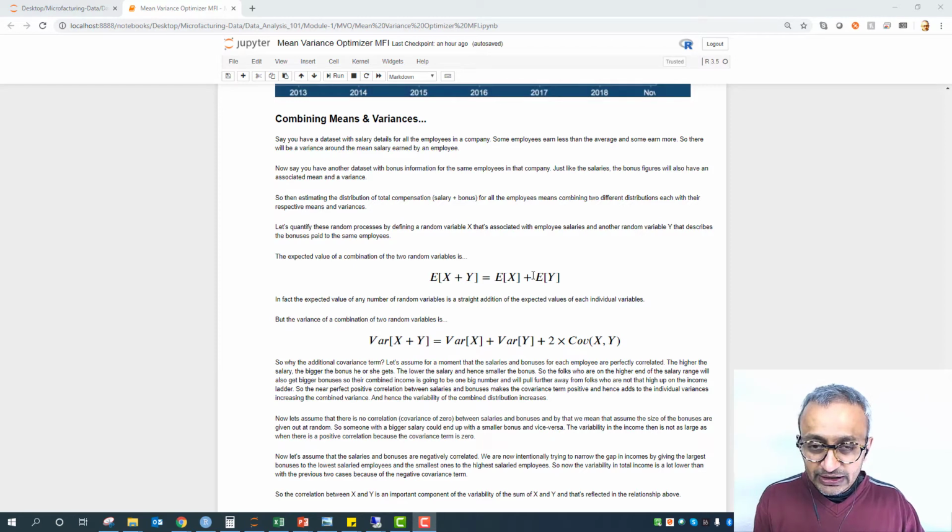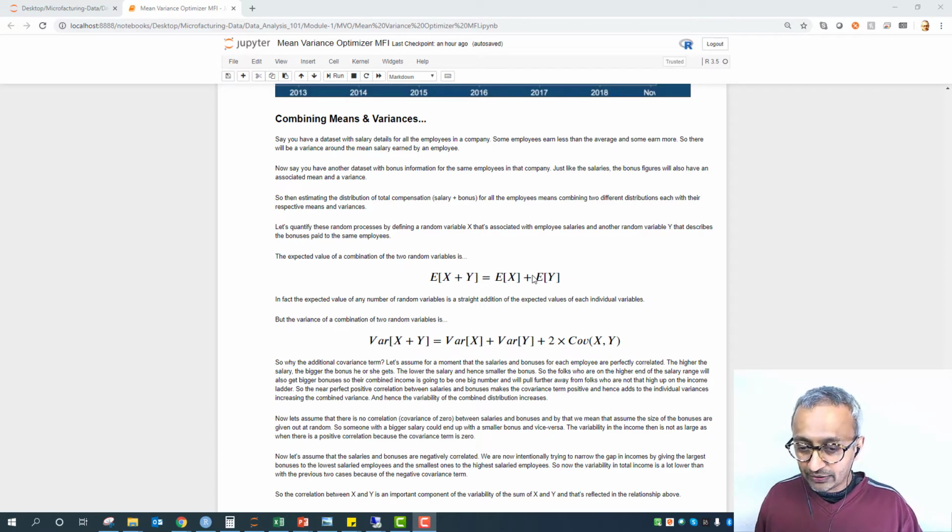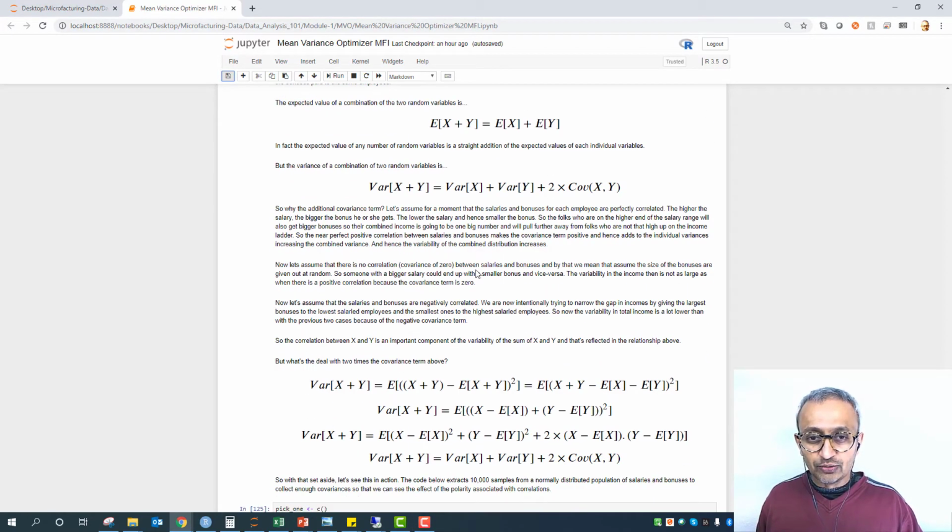You have standard deviation, which is the volatility around that mean, but you cannot add standard deviations. The fact is that you cannot add standard deviations, you can only add variances, and that has a huge implication, which I alluded to with that example of Amazon versus a brick and mortar retailer. We'll go through that. So you add the variances of these two distributions, salary and bonus.